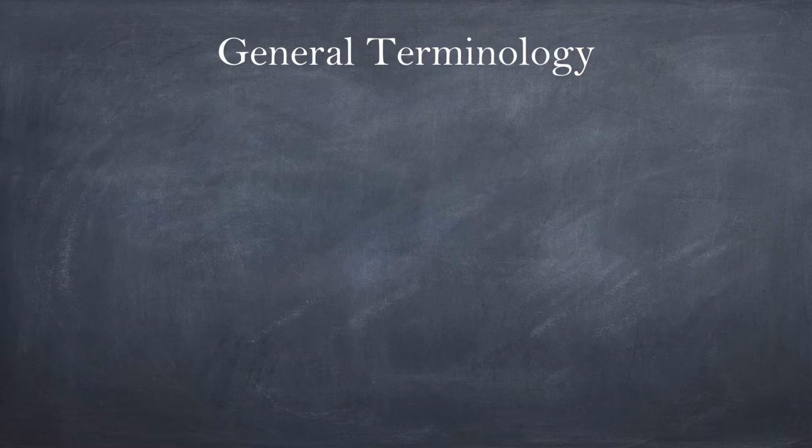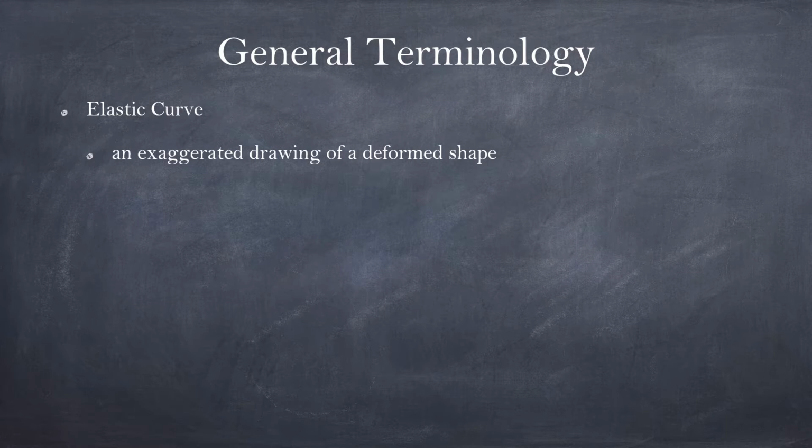When we talk about the displacement caused by bending moment, the first thing we have to know is the word elastic curve. The meaning of it is, in fact, just an extrapolated drawing of a deformed shape of a beam, a column, or a frame.